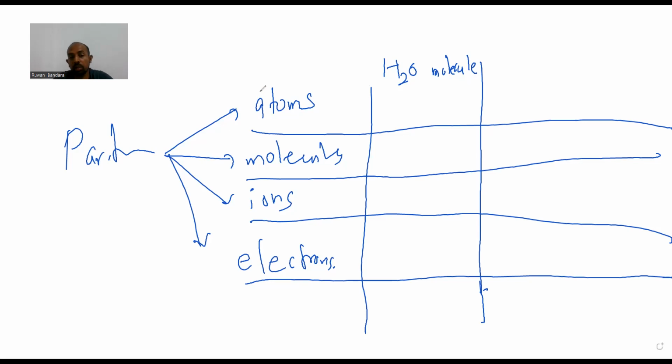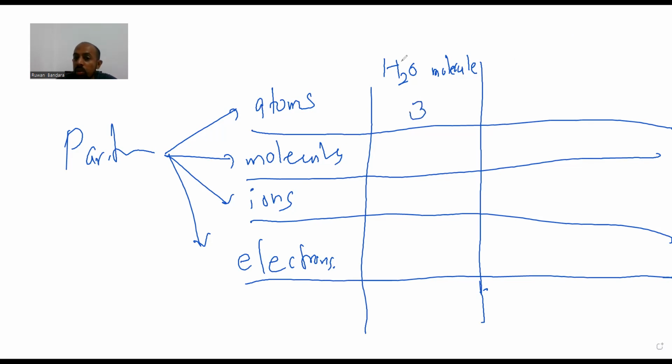Can you repeat the answer? H, O, H. Three. Correct. So it has three atoms.